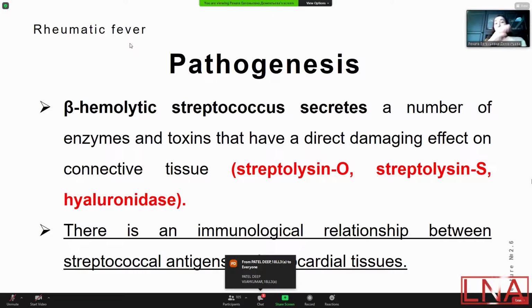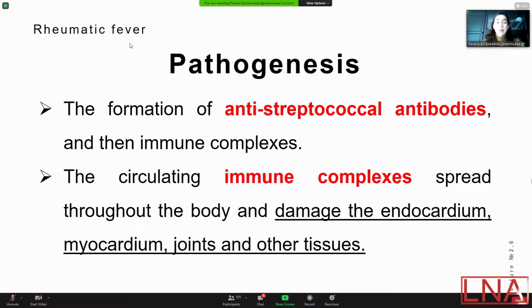After producing these enzymes, due to the structure of the cusps of the valve, there is the formation of anti-streptococcal antibodies and then immune complexes.